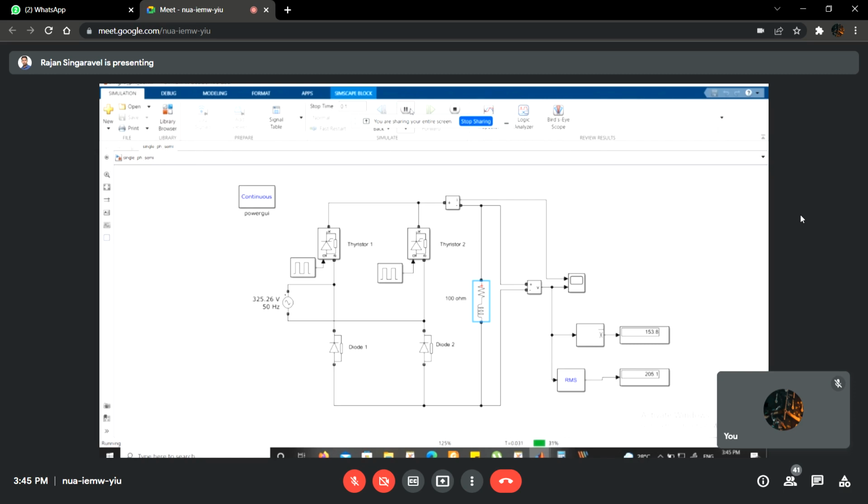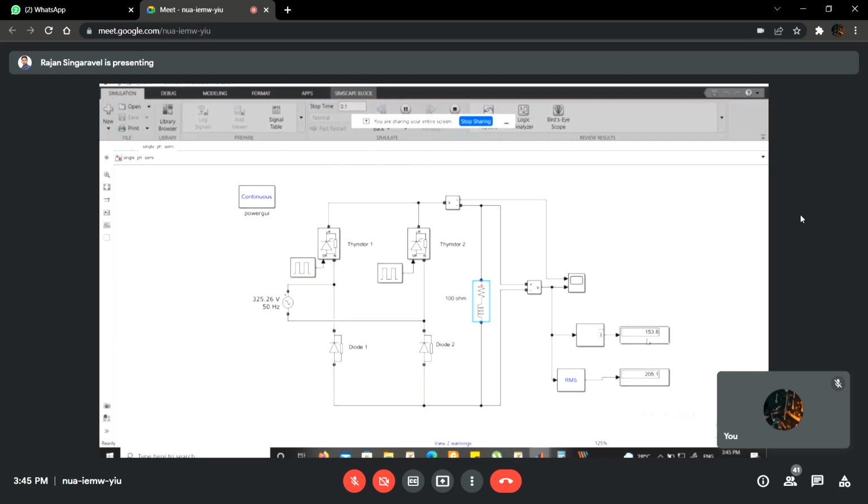Now, we have introduced the RL load here. I think now we can stop this and we can observe the waveforms.